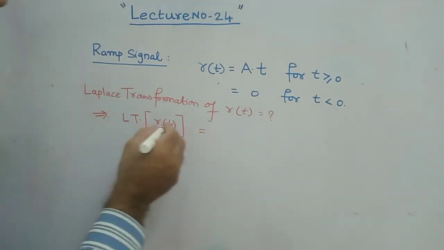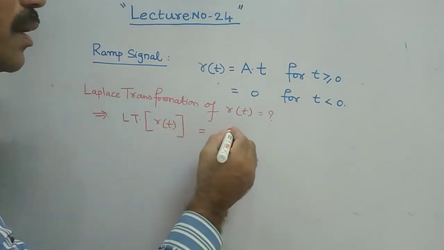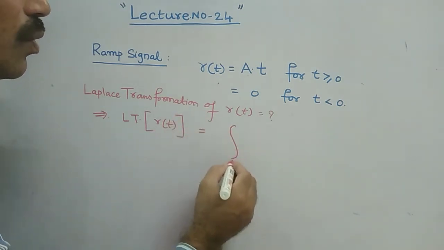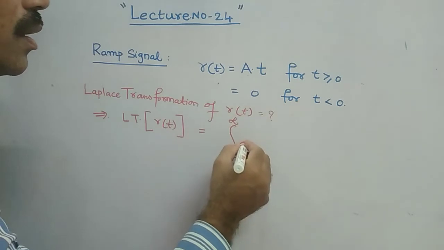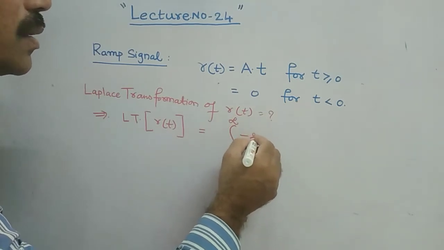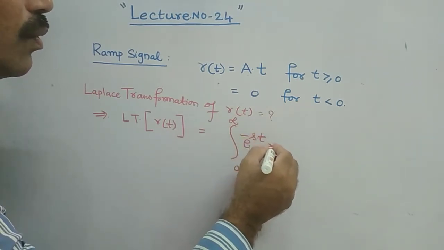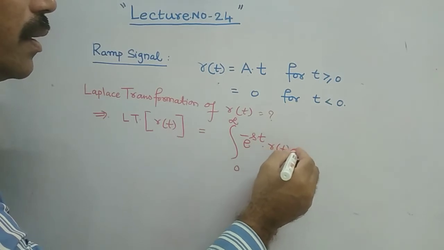Have you remembered the general definition? It is nothing but the integral from 0 to infinity of e power minus s t into r of t dt.